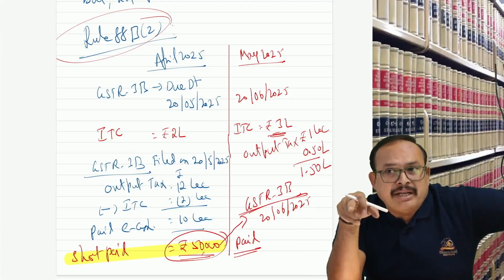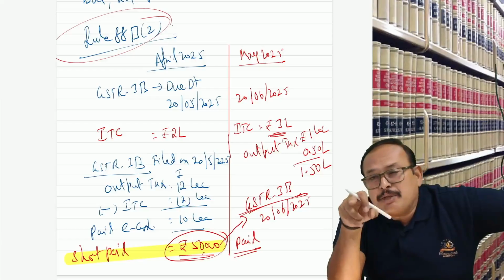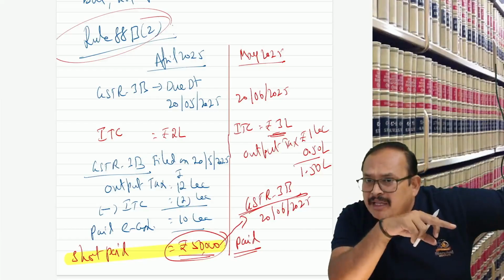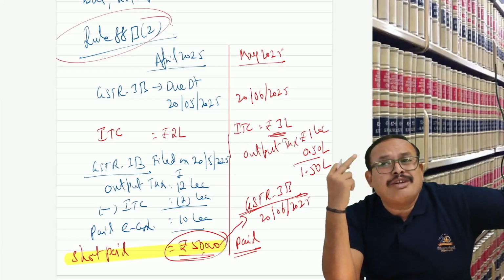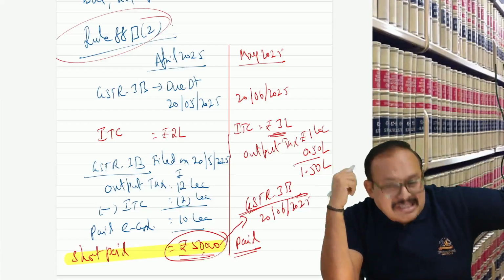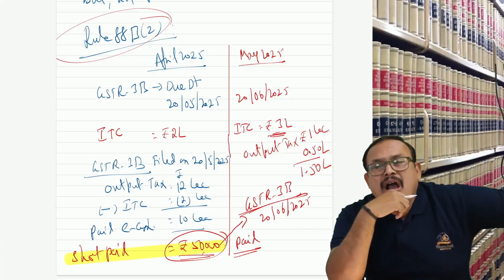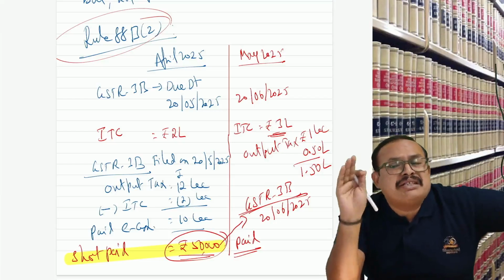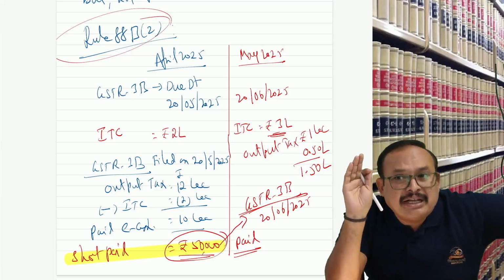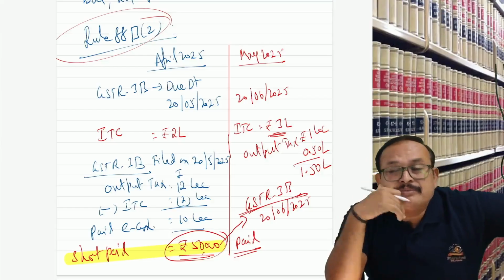50,000 liability, which is supposed to be paid by 20th of May, you are paying on 20th of June. If so, delay payment has just happened or not? How much rupees? 50,000.